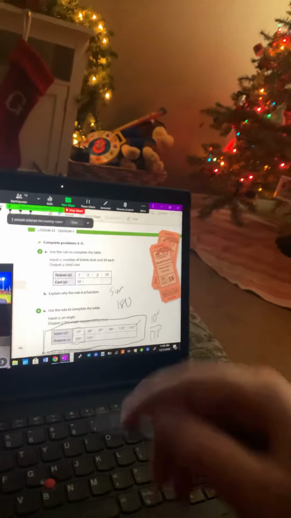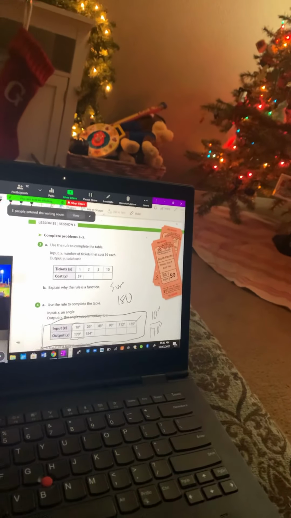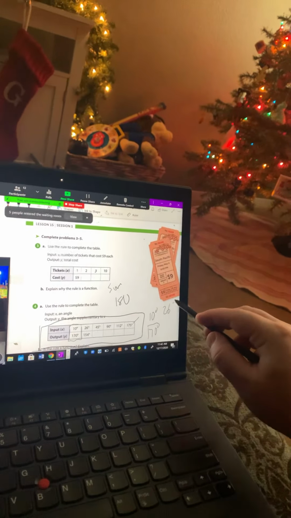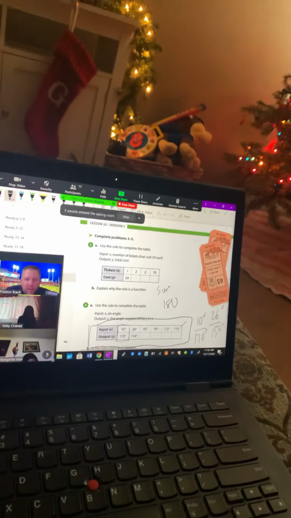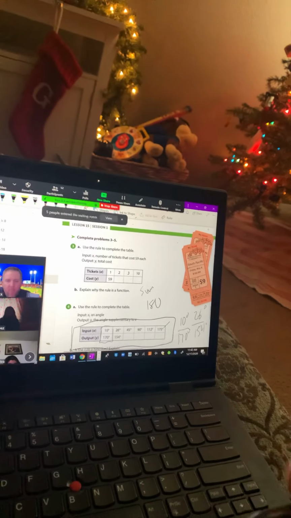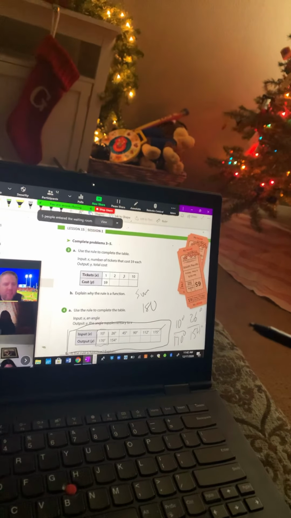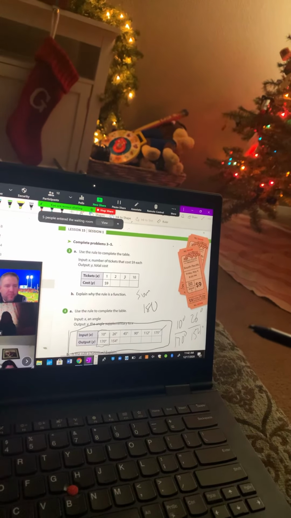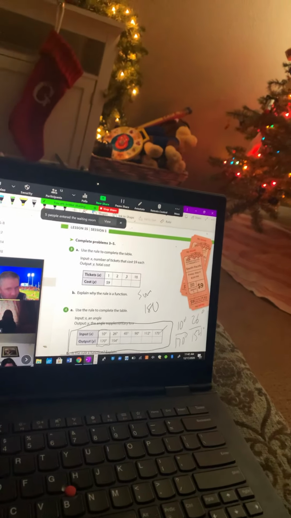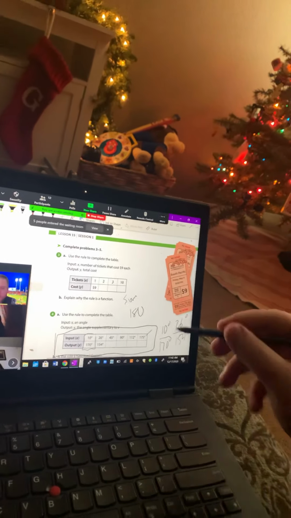So let's look at the next one. We have 26 degrees and 154 degrees. What do we notice about the input? How many more degrees did the input go up to go from 10 to 26? 16, right?